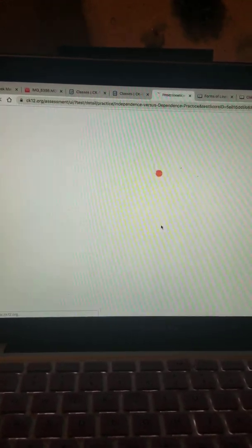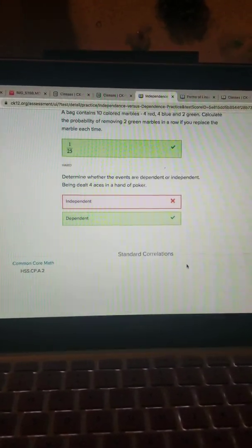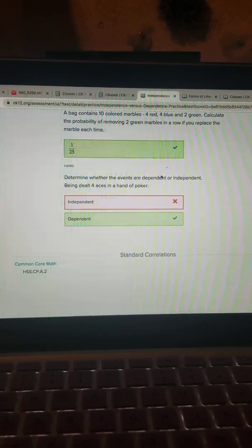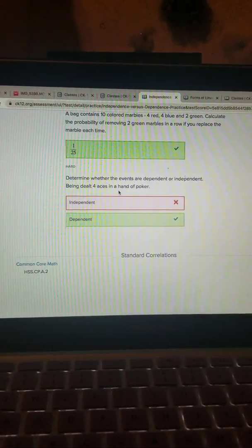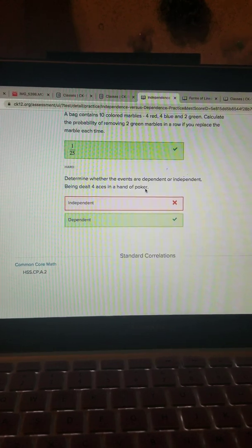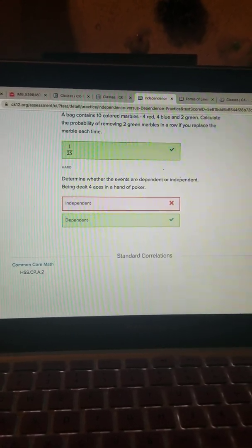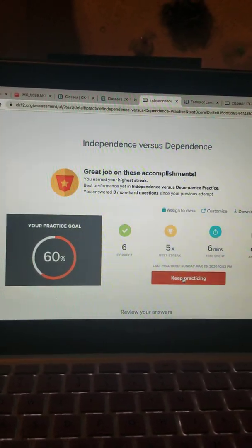Mutually exclusive. Let's see. Don't they give you 5 cards in poker? Okay, missed that one. All right, keep practicing.